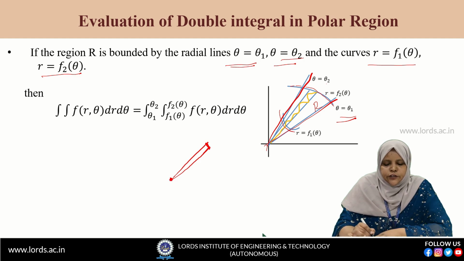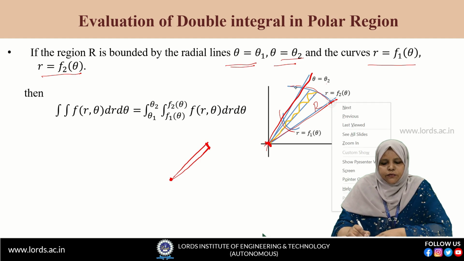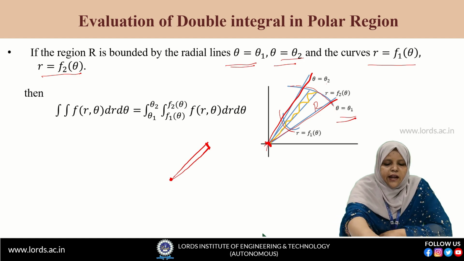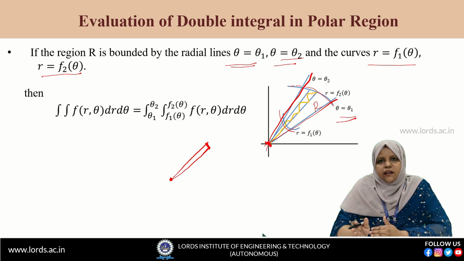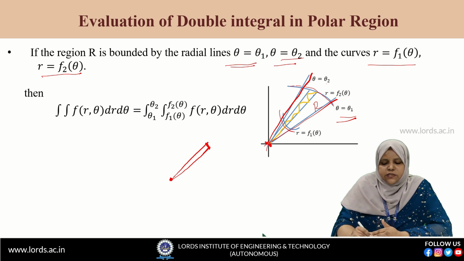The pointed end should be fixed at the pole and the broad end should be fixed on the curve. Okay, and you have to move the wedge in such a way that it covers the whole region. Now see here, I have fixed the wedge. One end of the wedge I have fixed at the origin and the other end of the wedge I have fixed on the curve r is equal to f2 of theta.